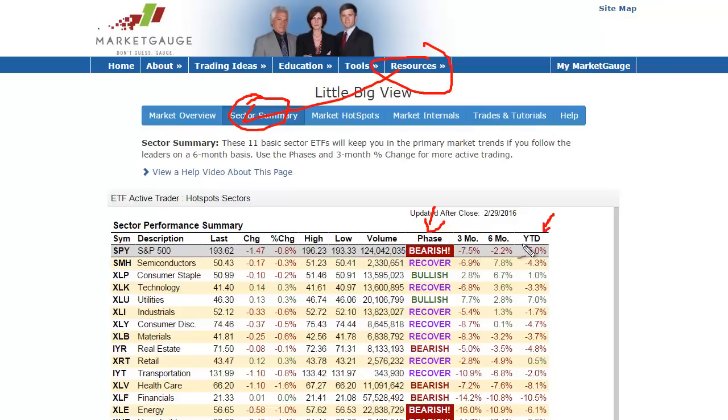So clearly the market for the year is down, right? Down 5% over a 6-month period, which we consider to be very important. Still down over 2%, and 3 months down 7.5%. But notice something in this table. We do have some sectors that are actually turning bullish. There are a couple of really important data points on this table, the ones I think are most important.